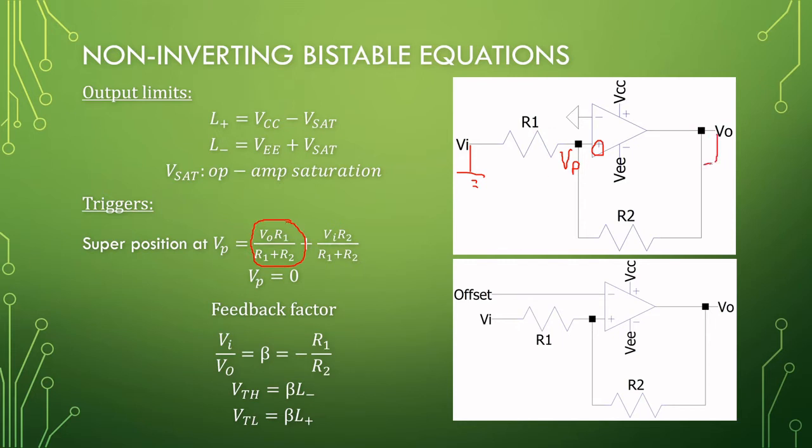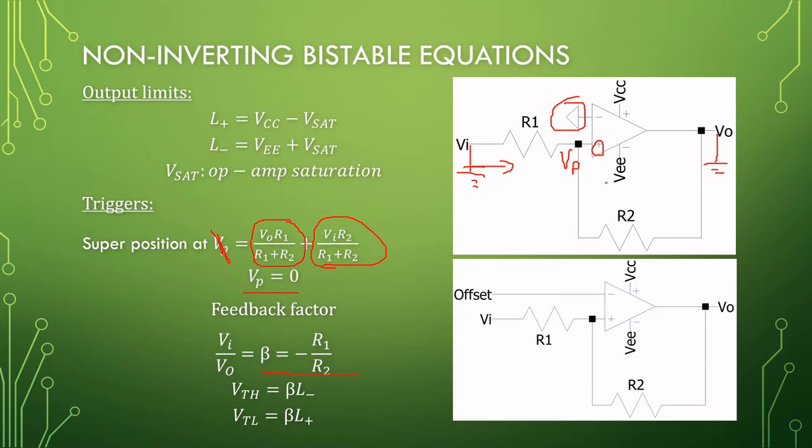And if we make our V out a ground and V in our input, we get a second voltage divider. But due to Vp being equal to Vn equal to ground and 0, we can get rid of this Vp, and your feedback factor will be minus R1 over R2.